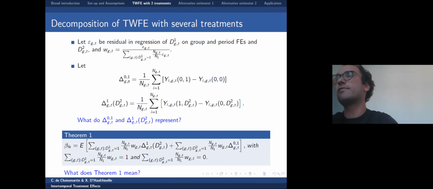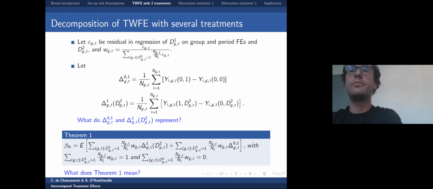So that would be, for instance, the average effect. It's not a very good example, the medical and the recreational example in this one, but that would be the effect of passing a recreational law without having a medical law, the average effect of that in group g.